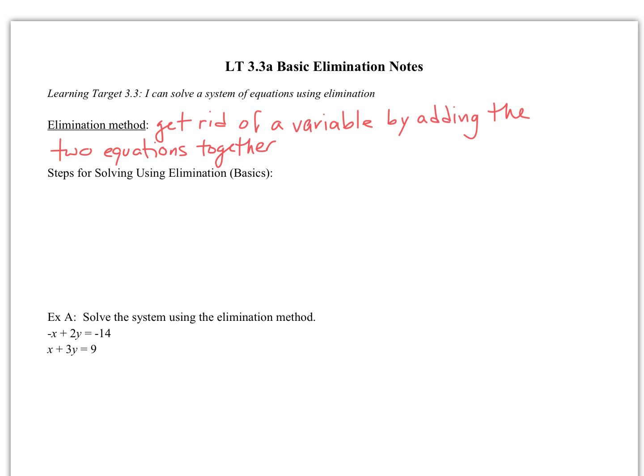Okay, so the steps to solving. For number 1, identify, or create, and we're not really going to do too much of that today, but I want this to apply for both days, a variable that could be eliminated.